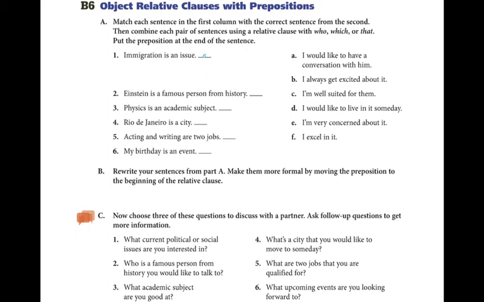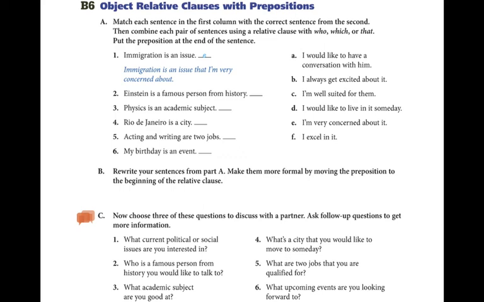Immigration is an issue, and we need to choose something from column A. Maybe you would say, immigration is an issue I'm very concerned about. Immigration is an issue that I'm very concerned about. Immigration is an issue which I'm very concerned about.